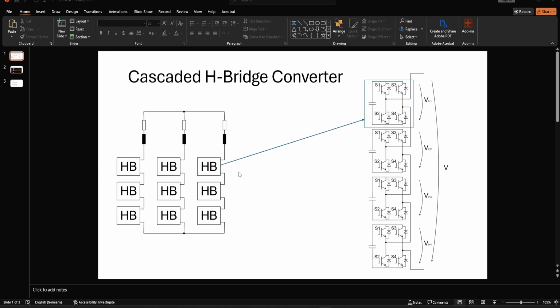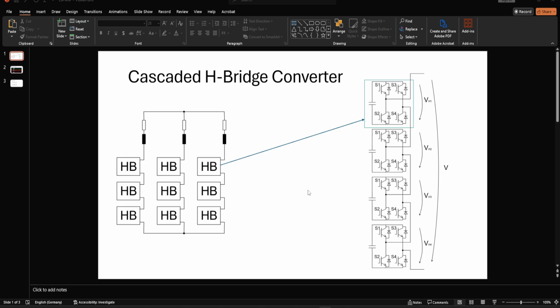For demonstration purposes, I have shown you here 4 submodules, even though only 3 are shown, but as I said, these are just generalized representations. And you see the connection on the AC leg is then shown here for the series connection. There are different types of modulation schemes depending on the chosen application.